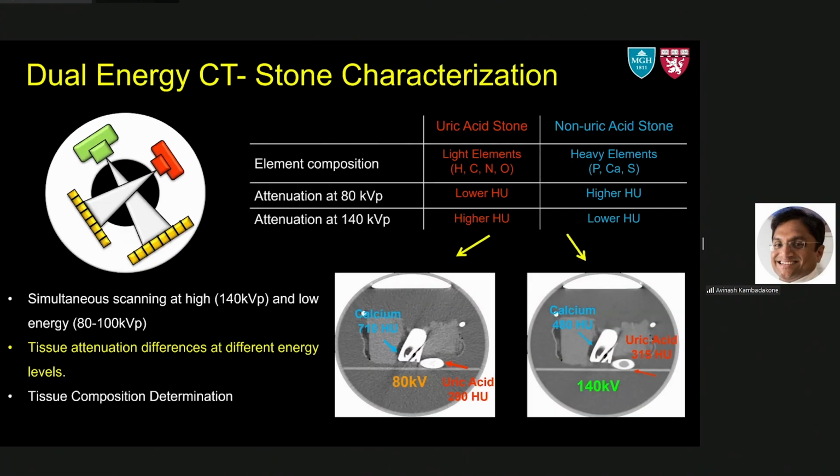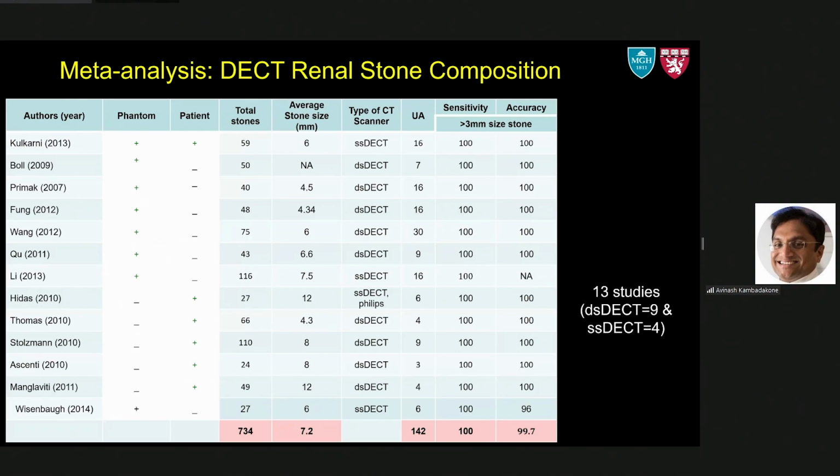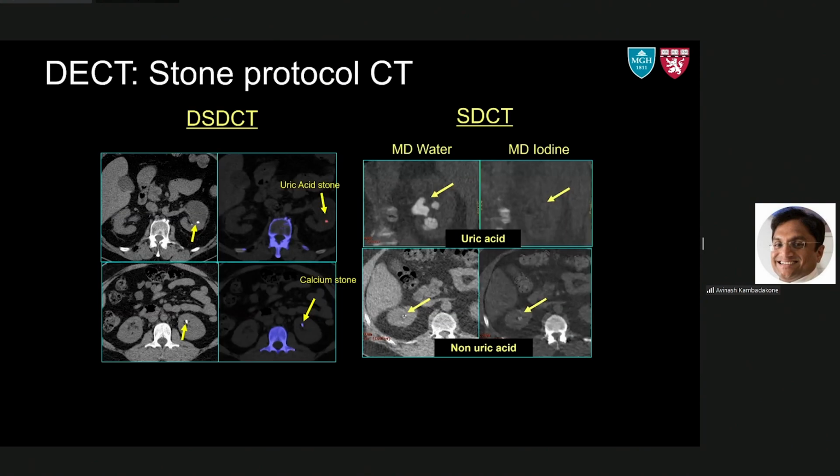Now, we routinely perform dual energy CT for all our patients who have a stone protocol CT on the dual energy CT scanner, because multiple studies have demonstrated that dual energy CT has very high accuracy for determining stone composition in stones which are over 3 millimeters. Just some example stone protocol CT, where you can differentiate between uric acid and non-uric acid stone on patients scanned on dual source scanners and single source scanners.